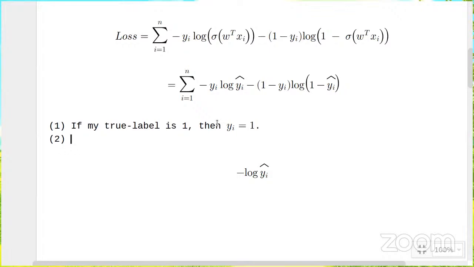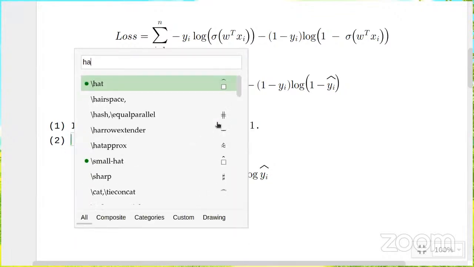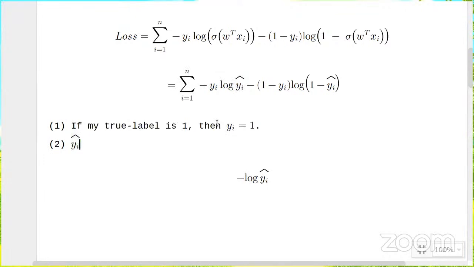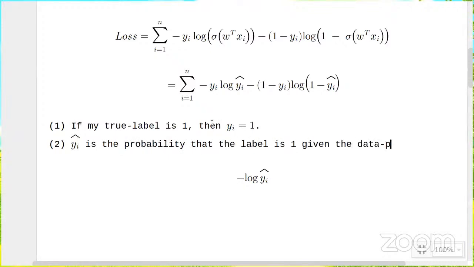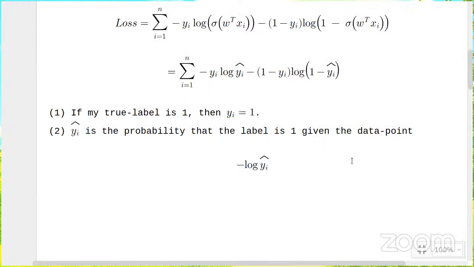What is y hat i? It is the probability that the label is 1 given the data point. Is the second point clear? This is nothing but sigma of w transpose xi, which is p of y equal to 1 given x.